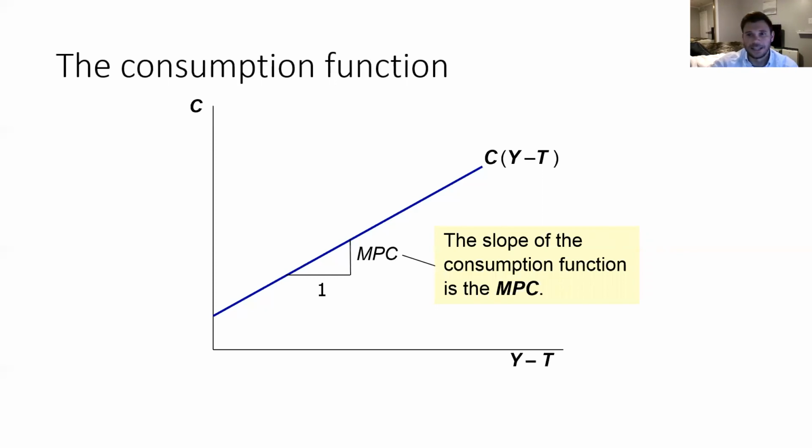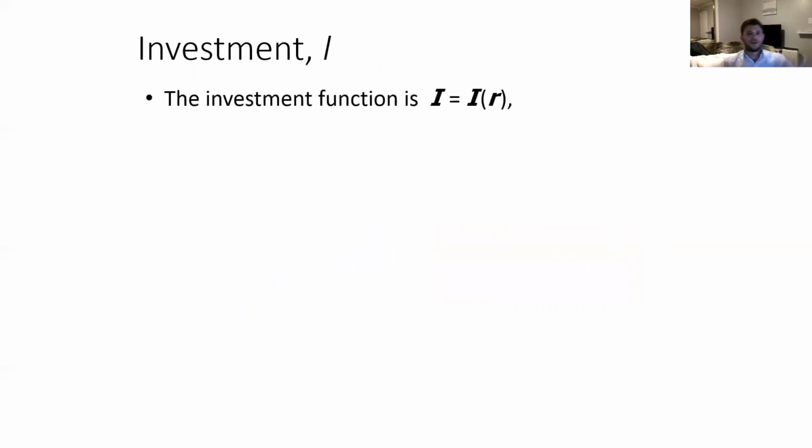The second key component of gross domestic product on the demand side that we were looking at in this model was investment. And we argue that investment depended on the real interest rate in the market because investment was essentially the demand for loans in the financial sector. Recall, we're using the term investment a little bit differently than in finance.